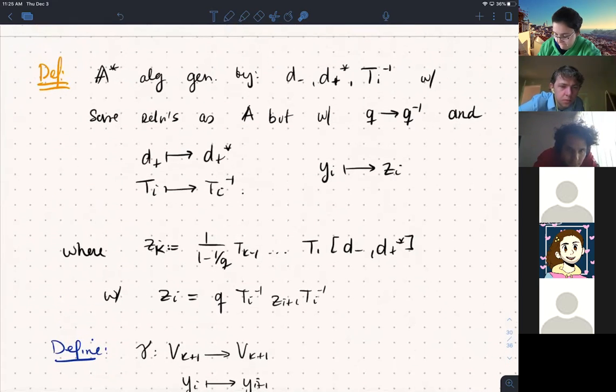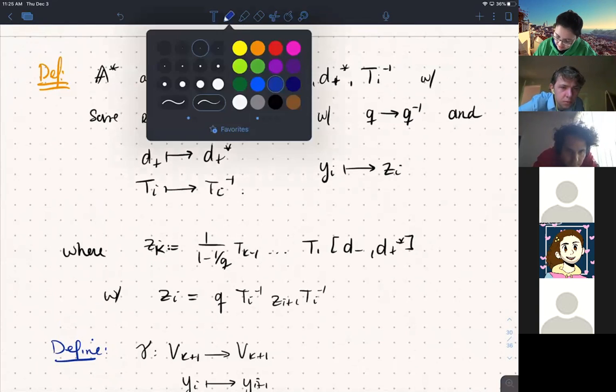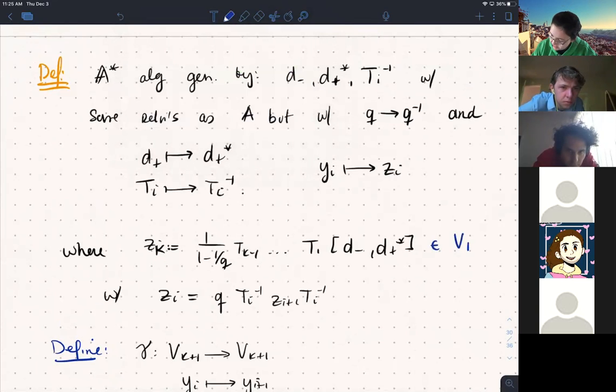Here you have a zk, and then you have zi. What's the difference between the k and the I? Okay, so we want to view this as living in VK, and this living in VK. So here I is strictly less than k in the second one? Yeah, exactly. For I, it's less than or equal to k.